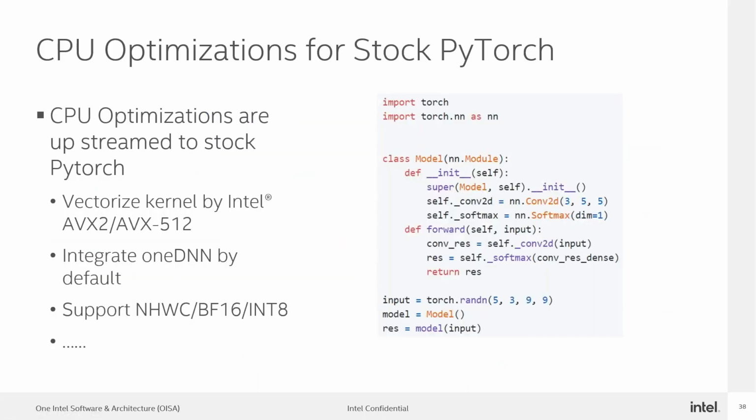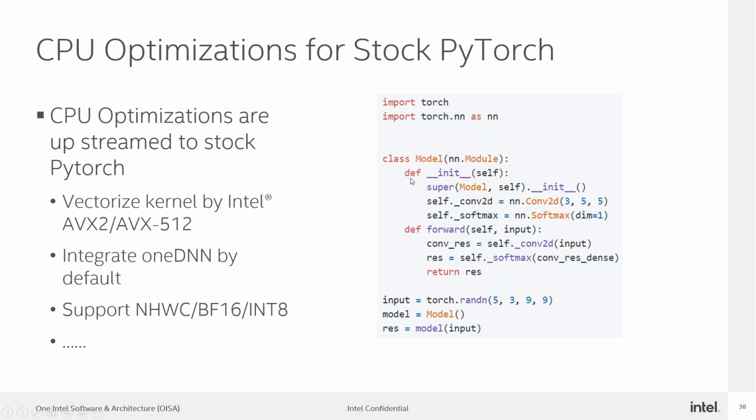Here we will show a simple usage of PyTorch, how PyTorch code looks. Normally we first need to import torch and then import torch.nn as nn. Then we need to define a model, which will inherit from nn.Module.